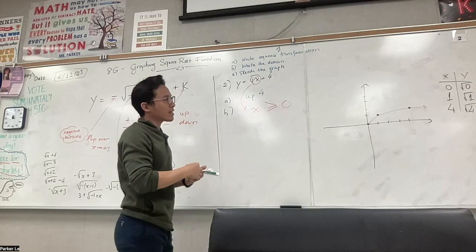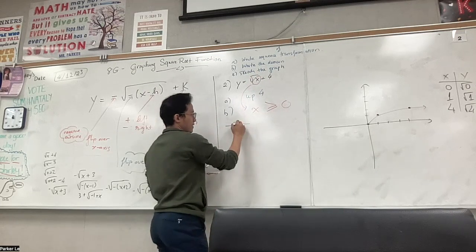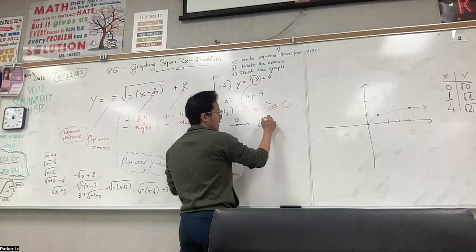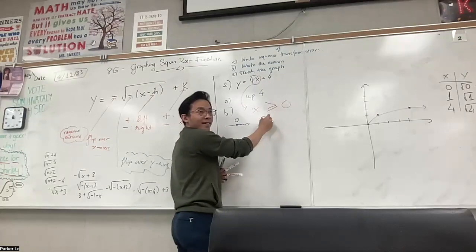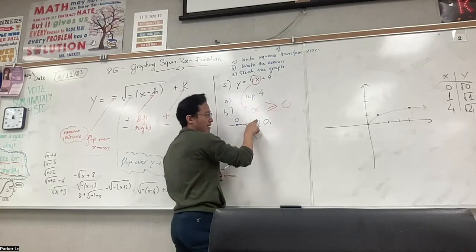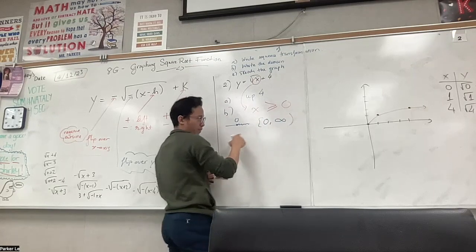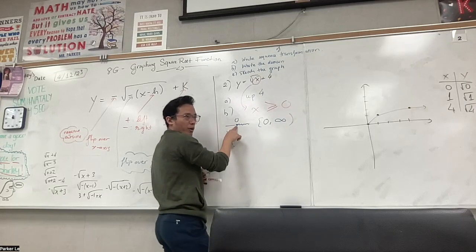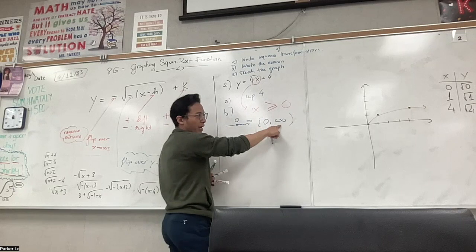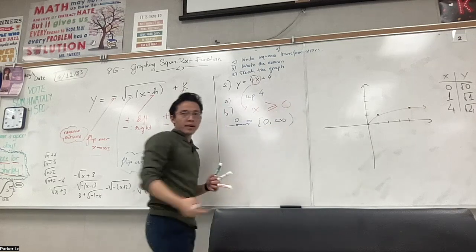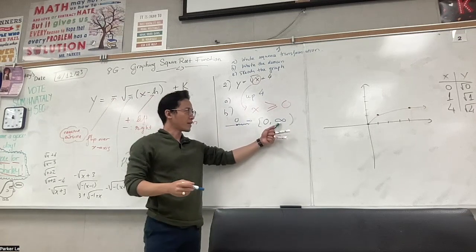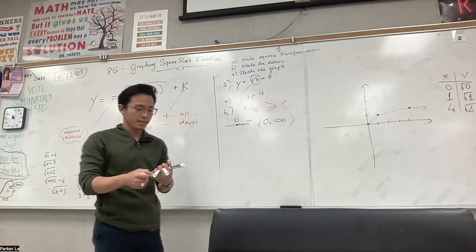How can I write this in interval notation? Bracket, 0, with the ending infinity. Right, starting point is 0, include the point 0, so it's a bracket. Ending point goes to infinity, so the ending point is infinity, and then the parenthesis, because you can never include infinity, so that's why it's a parenthesis.